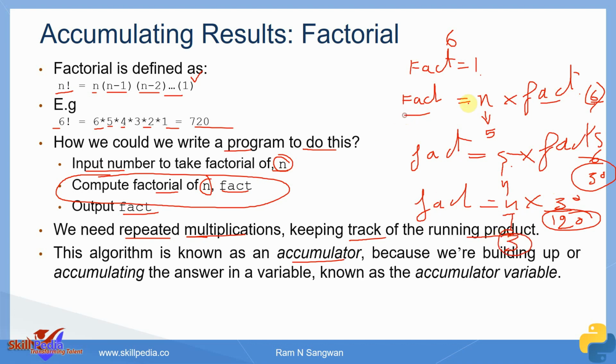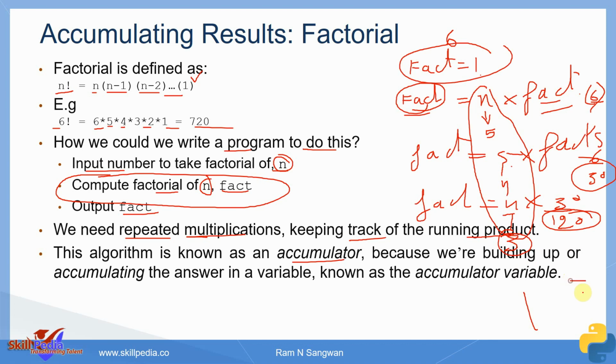So what we are doing is decreasing the value n 1 by 1, 6, 5, 4, 3, 2, 1 till we reach 1, and every time we are multiplying the value with the current value of FACT, starting with 1, and then finally we reach 720. This is called accumulator, because we are building up or accumulating the answers in a variable known as the accumulator variable.